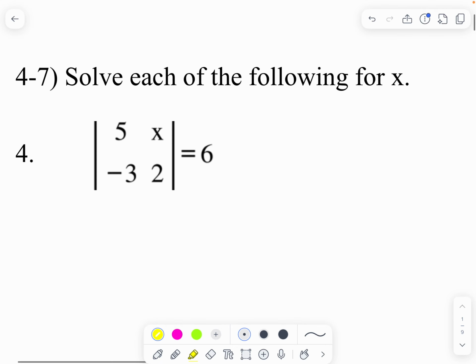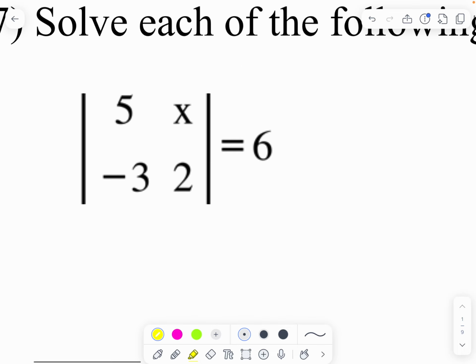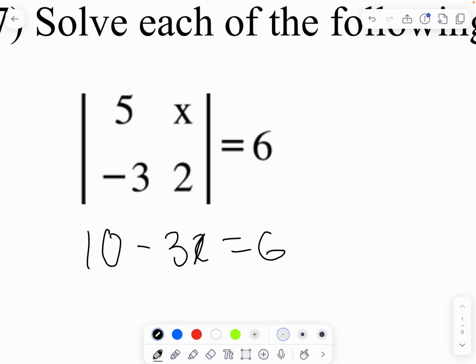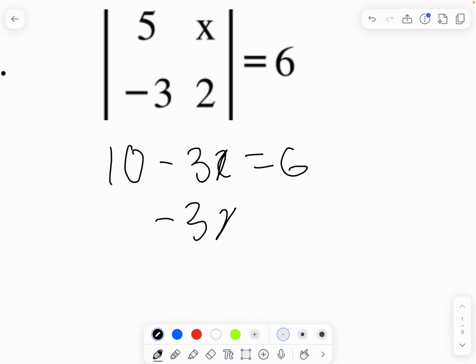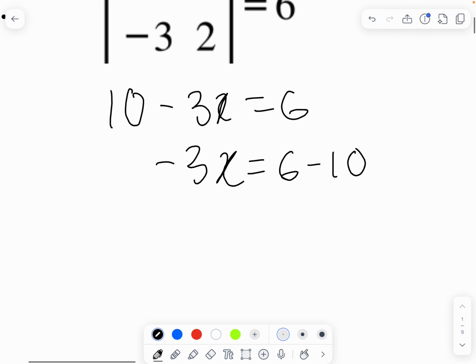Okay, now we can work on solving some of these questions. So 5 times 2 is 10, minus 3 times x, so 3x equals 6. Negative 3x equals 6 minus 10.